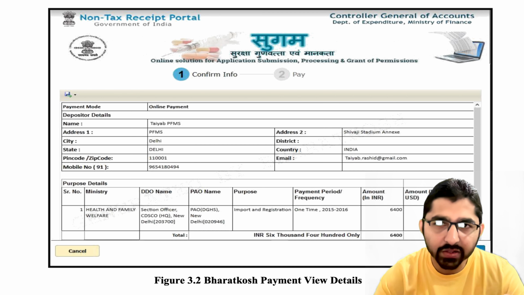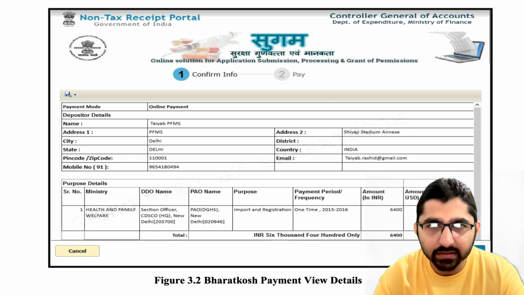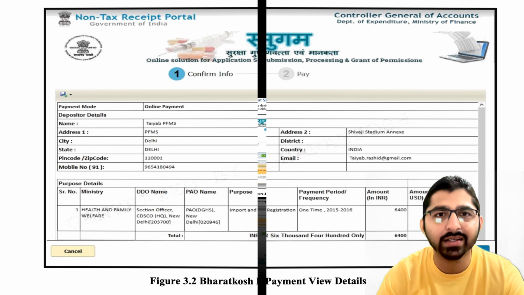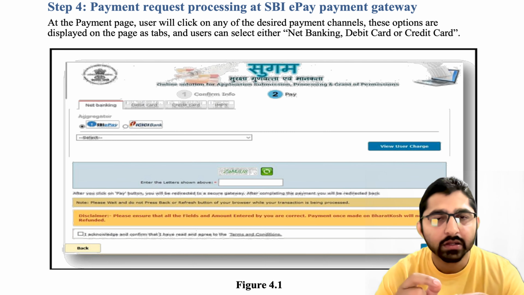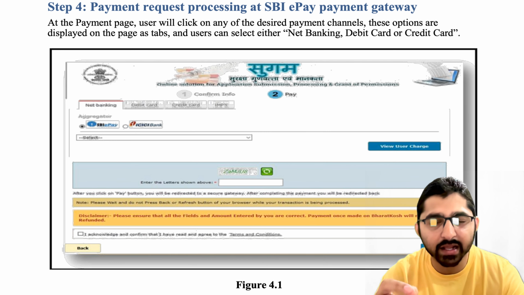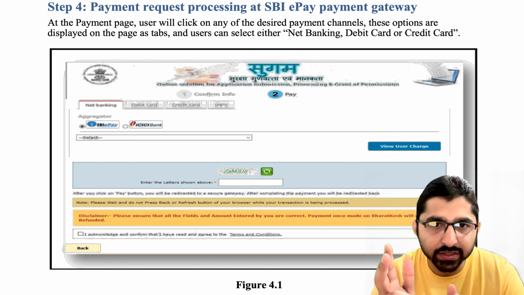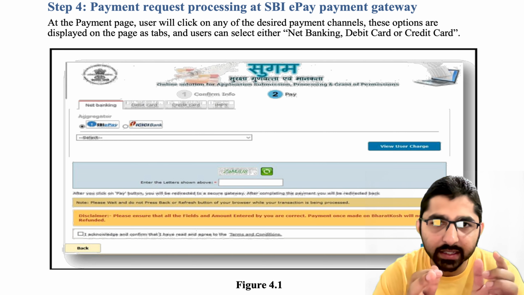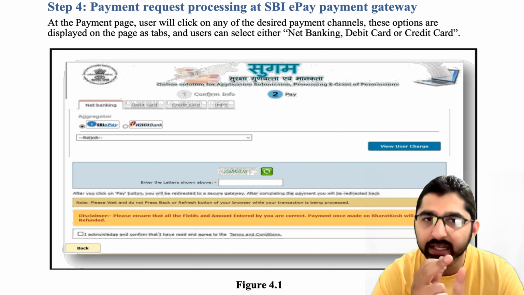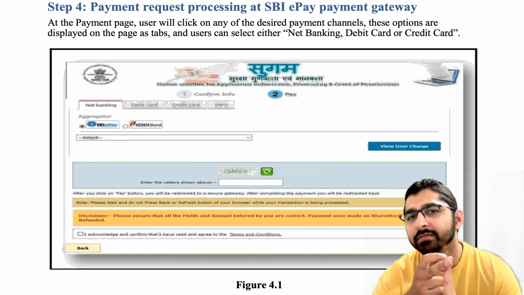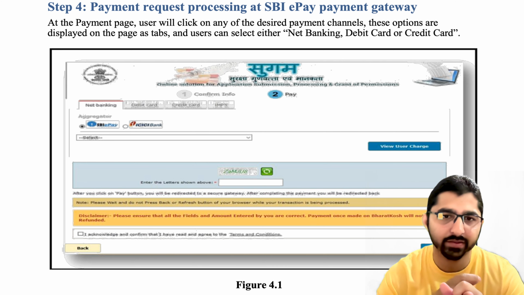Then you need to click the confirm button. The moment you click the confirm button, it will navigate to another page, right? So the page will appear like the one displayed on my backside of the screen. Now there are two options. Either you select SBI ePay or the ICICI Bank. Let's say I'm going to select the SBI ePay payment gateway, right?